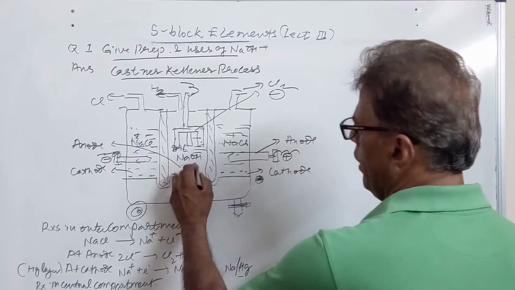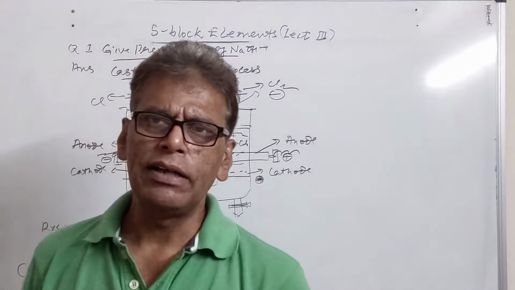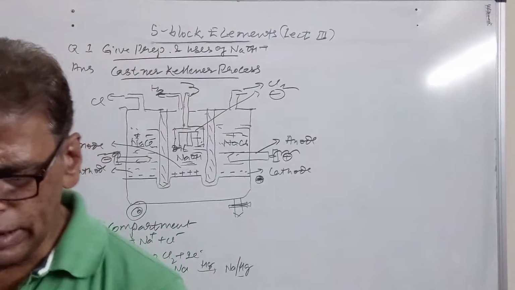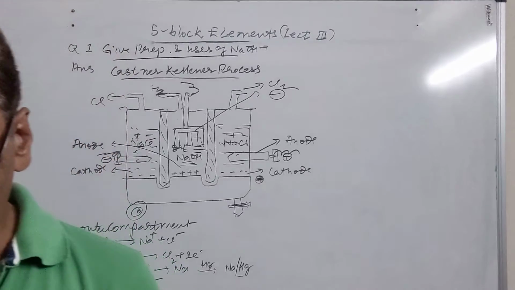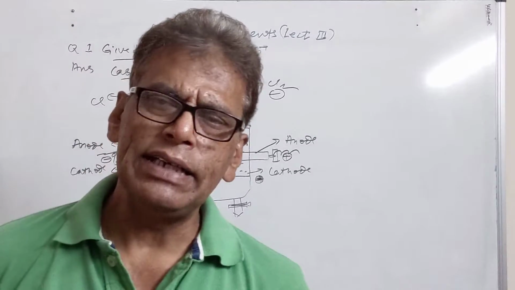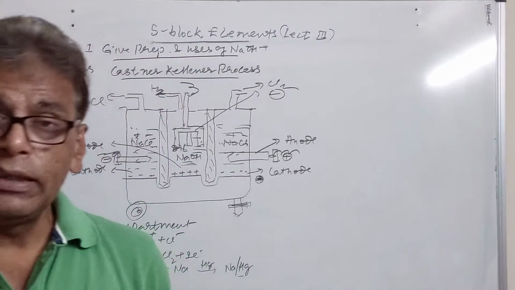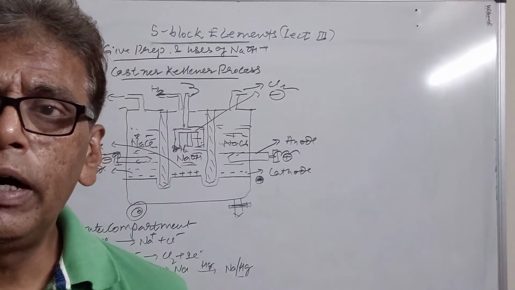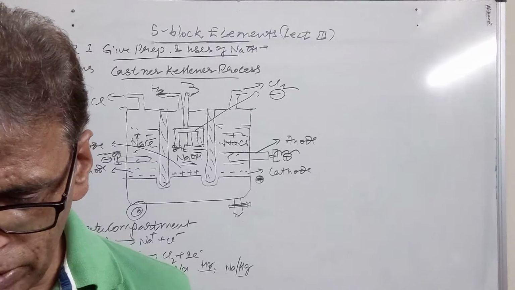With the passage of time, the concentration of NaOH increases in the central compartment, and when it reaches 99%, the electrolysis is stopped, and the solution from the central compartment is taken out and subjected to crystallization, when we get the pellets of sodium hydroxide, which are used for different industrial and domestic purposes.